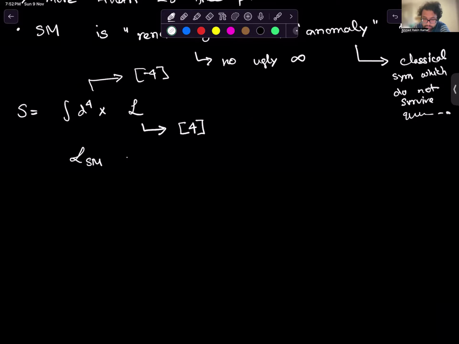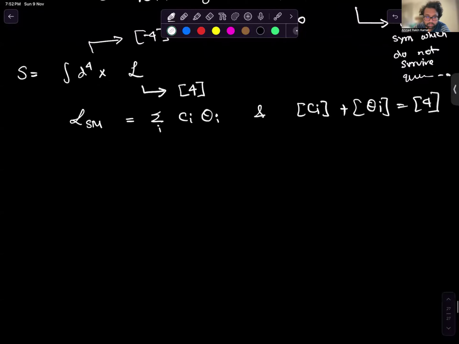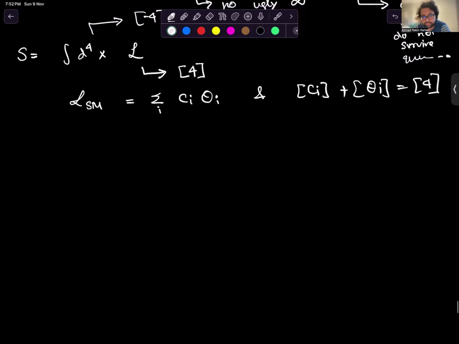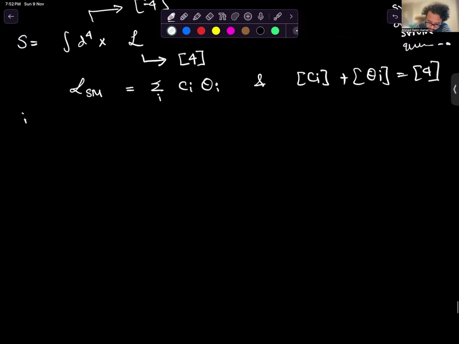And all of the standard model terms in the Lagrangian, of course, have to obey this. So one can see that each of these do appear in the standard model.